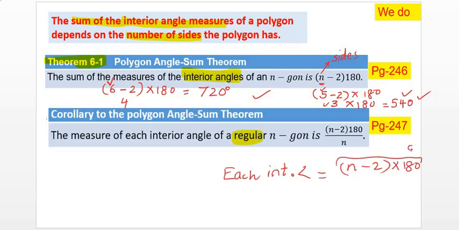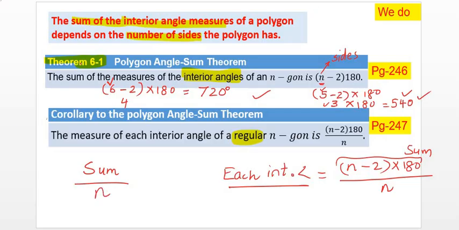This is actually the sum of all the angles. So if you divide the sum of all the angles by the number of sides, then you will get the value of each interior angle. That means if I want to know the value of each interior angle, I will divide the sum of all the interior angles by n.